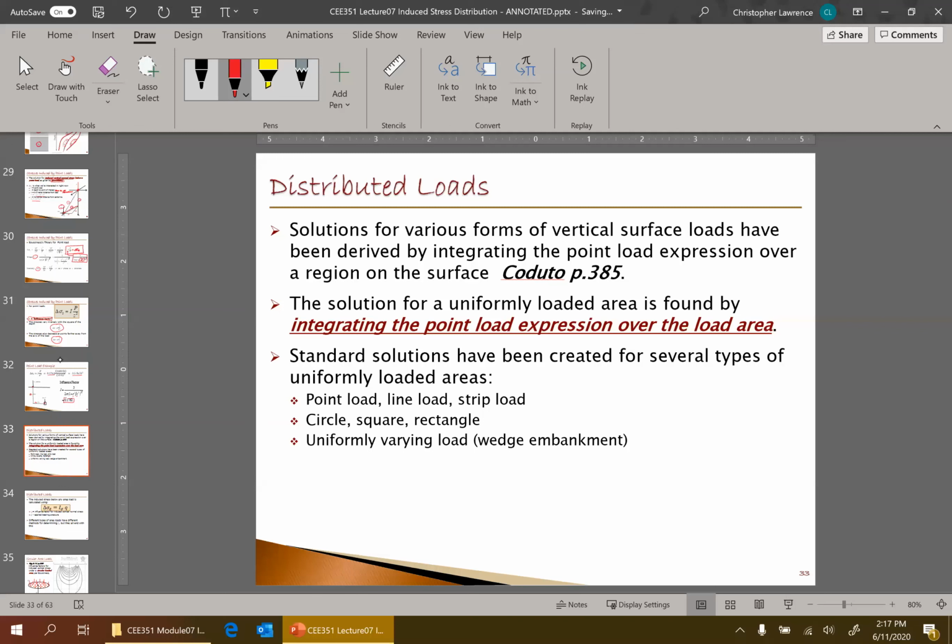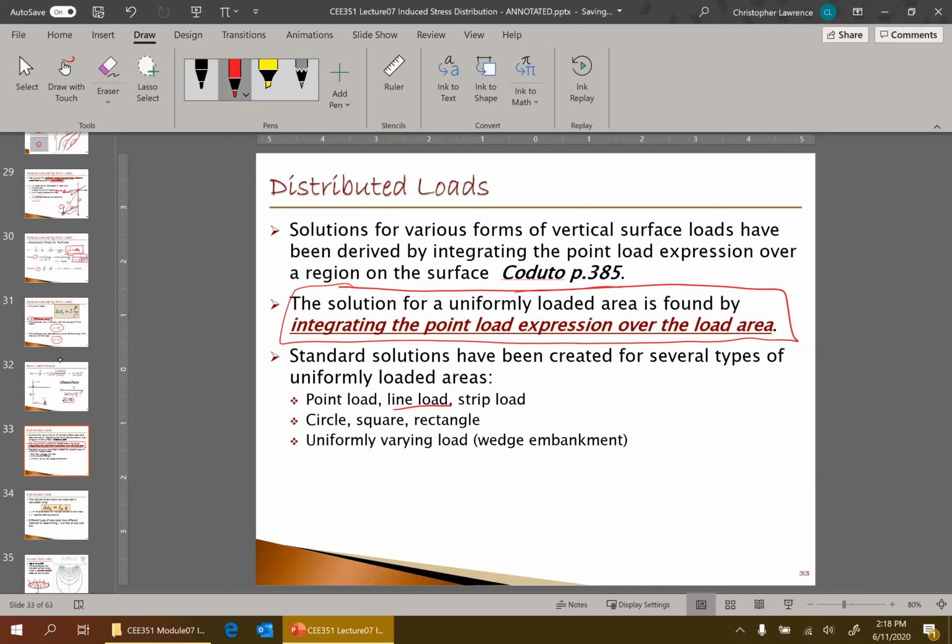You can see this in Caduto, and basically the idea is you take Boussinesq's point load theory and integrate it over an area. Now we can talk about circular loads, and we integrate it from the center of curvature, integrate it outwards around the circle. We integrate it for a line load, a 1D line load.